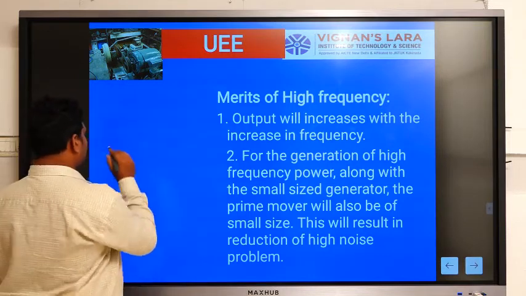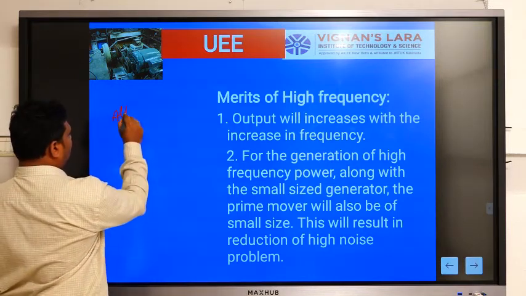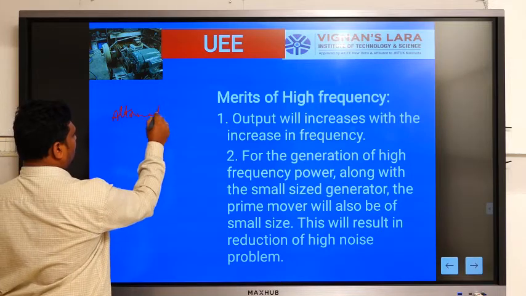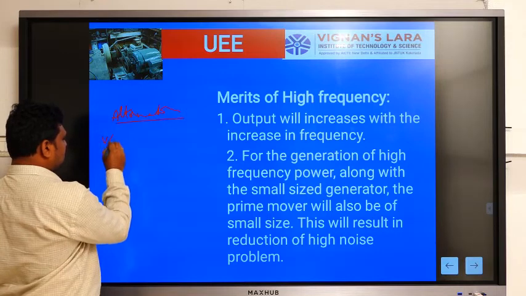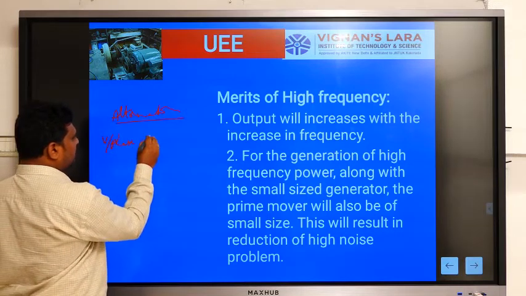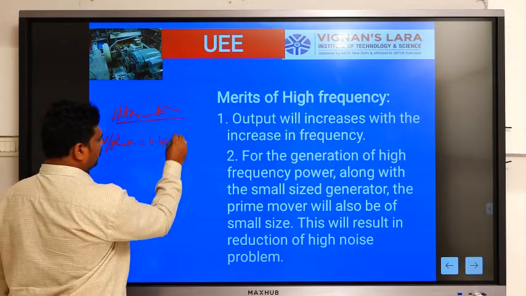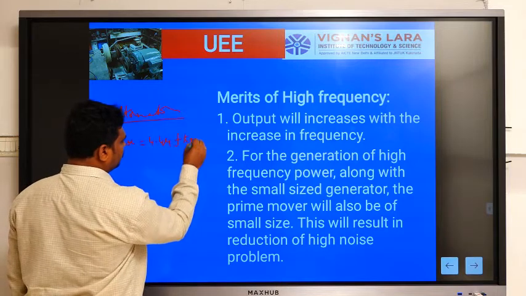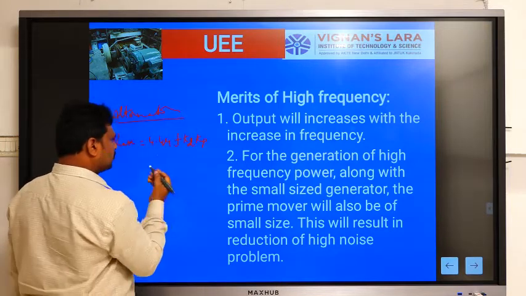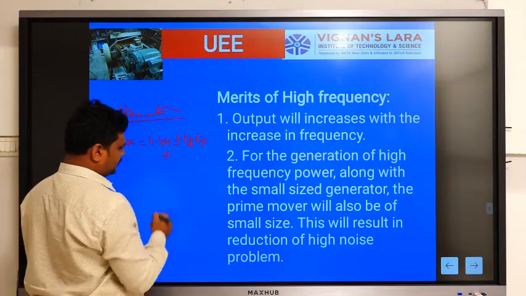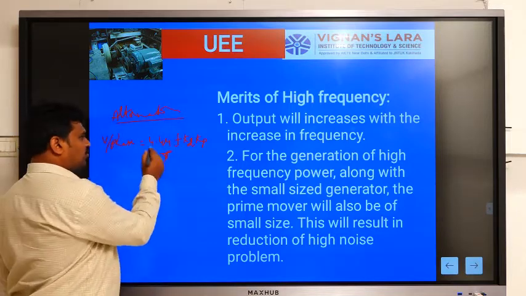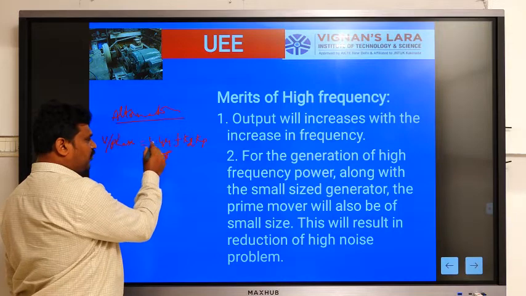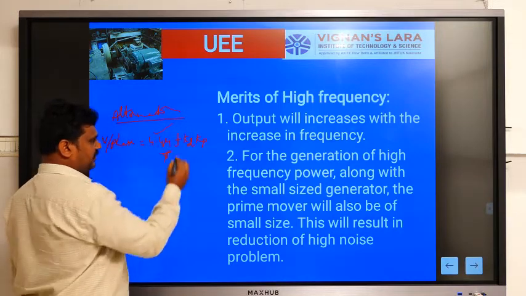If you take the generator or alternator, the voltage per phase is equal to 4.44 into F into KD into KP into the number of turns per phase. 4.44 is constant.